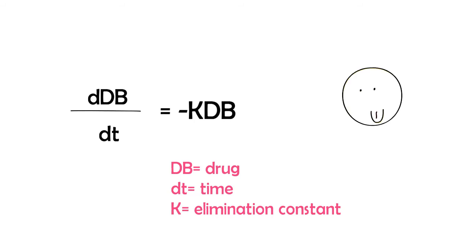Now next, we have the first order reaction rate law. The specified equation is A is equal to A naught e to the minus kt. A over here represents the initial concentration.